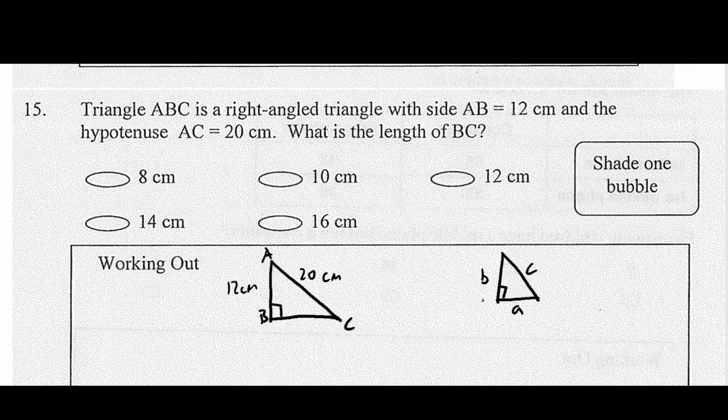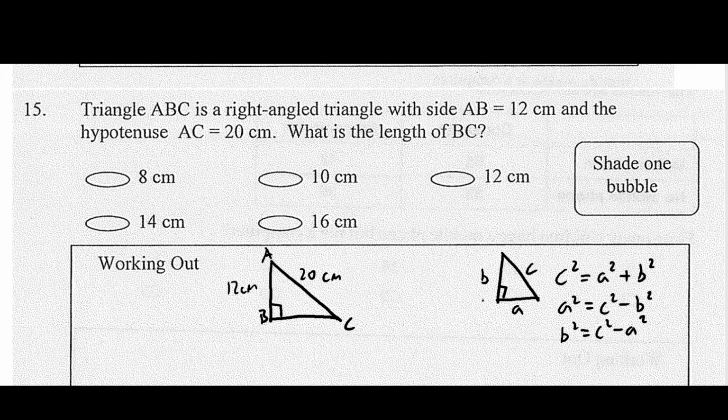All right, and the rule is C squared equals A squared plus B squared. And some other rules: A squared equals C squared take B squared. B squared equals C squared take A squared.